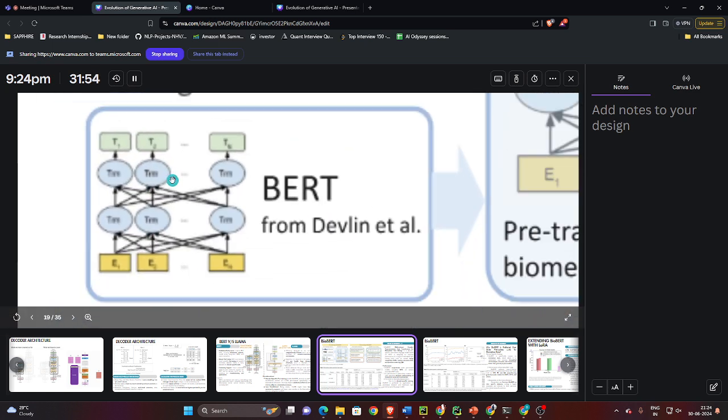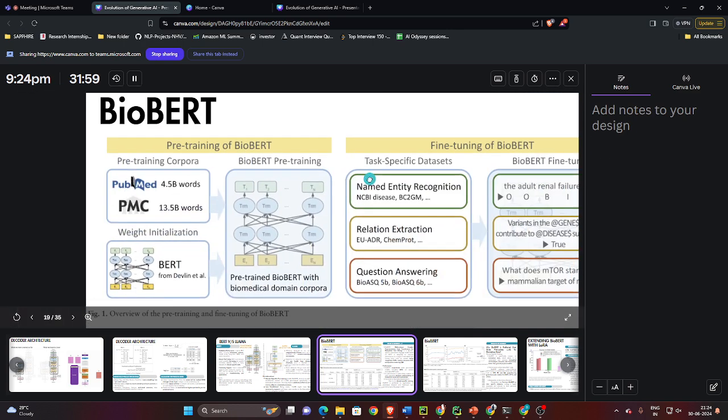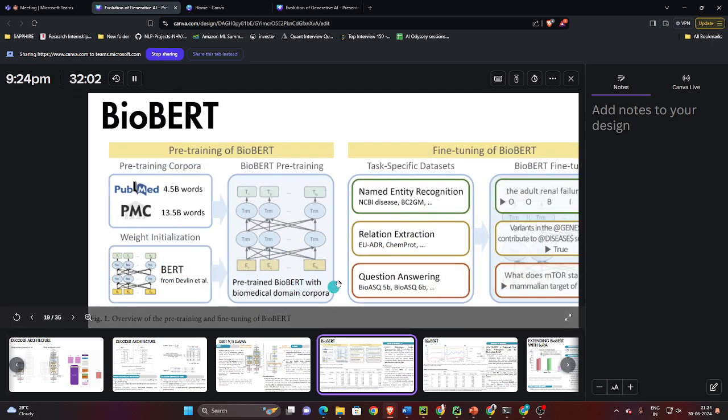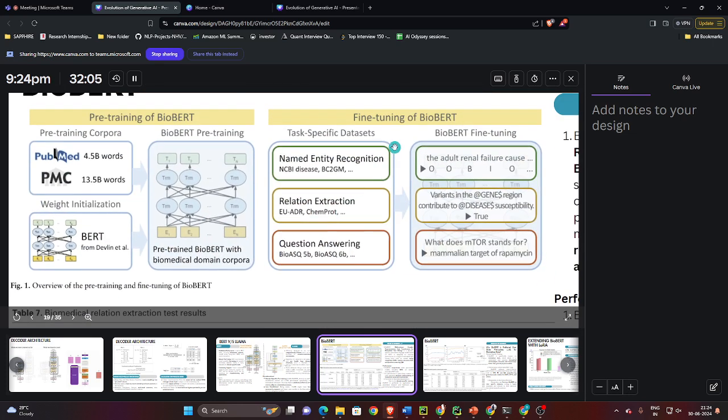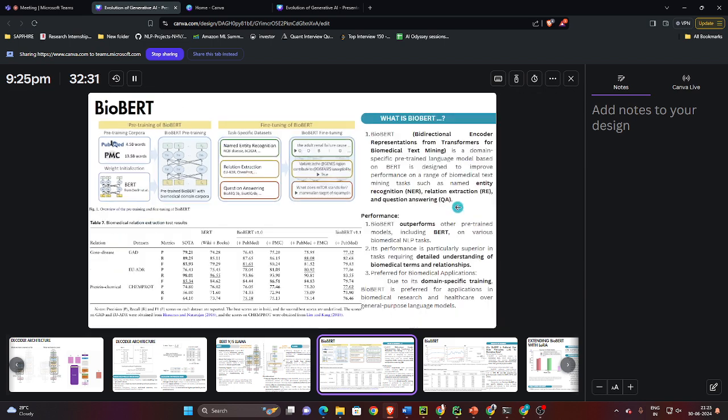If we zoom in a little bit here, that's the weight initialization from these corpora. Then we have our pre-trained BioBERT with the biomedical corpora, and fine-tuning over every specific task that we want. For example, if you want gene-gene interaction, protein-disease interaction, or gene-to-disease interaction, BERT can be fine-tuned on all of these datasets, provided we have data that's not entirely different from biomedical but can be used to fine-tune our model.